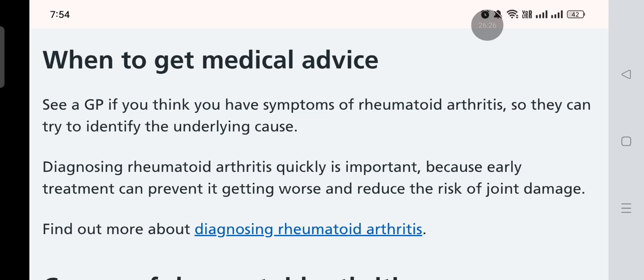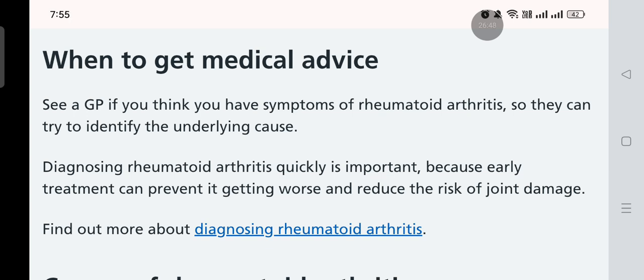When to get medical advice? See a GP if you think you have symptoms of rheumatoid arthritis, so they can try to identify the underlying cause.